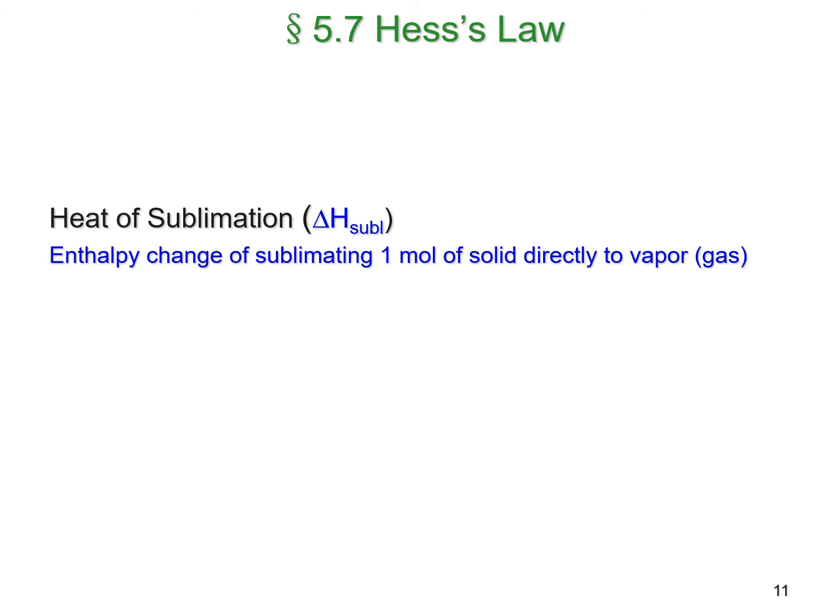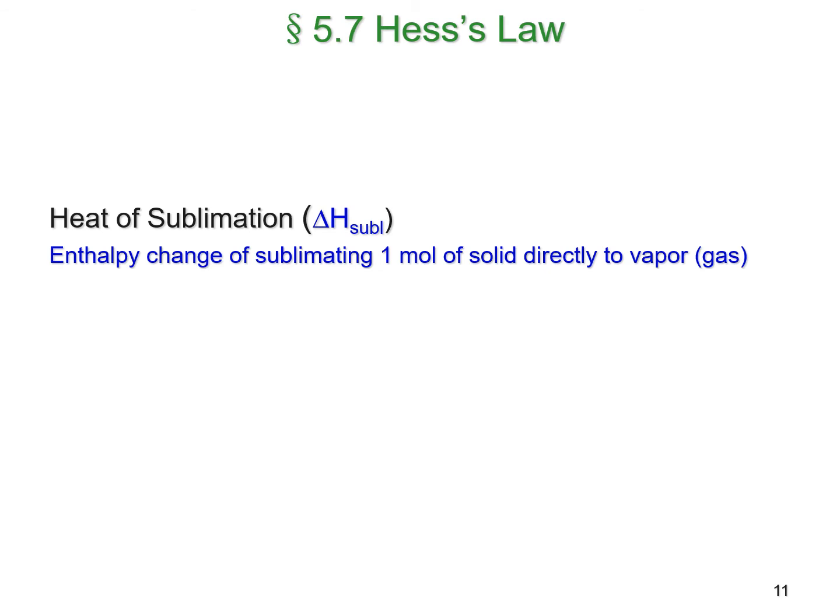We start off the discussion of Hess's law by checking out the heat of sublimation. Heat of sublimation, according to the definition, is the enthalpy change of sublimating 1 mole of a solid directly to vapor.